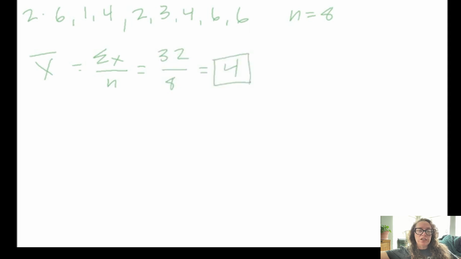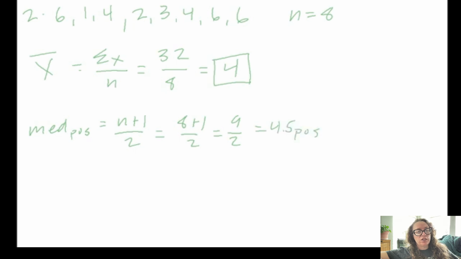Then we get our median, the median position. We start from 1 all the way to n plus 1, and then find the half position. So 9 over 2 equals position 4.5. Not the median, but the position. The first thing to do for the median is always put your values in order.